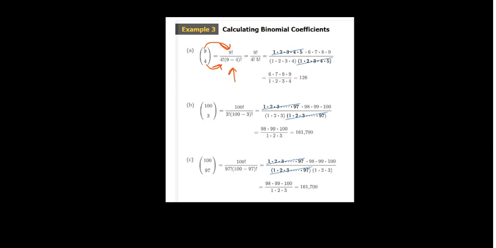So this ends up being 9 factorial divided by 4 factorial times 5 factorial, right? Because 9 minus 4 is 5.